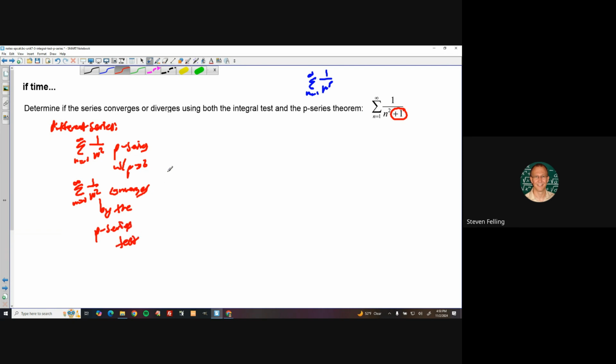Okay, so how does that help us with this series? Well, if you look at this rule, 1 over n squared plus 1, and you look at this rule, 1 over n squared, if you add 1 to the denominator, every term in this series is less than every term in this series.